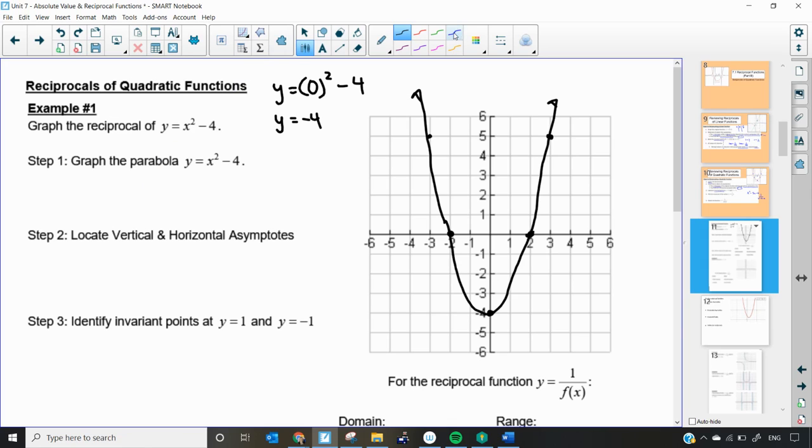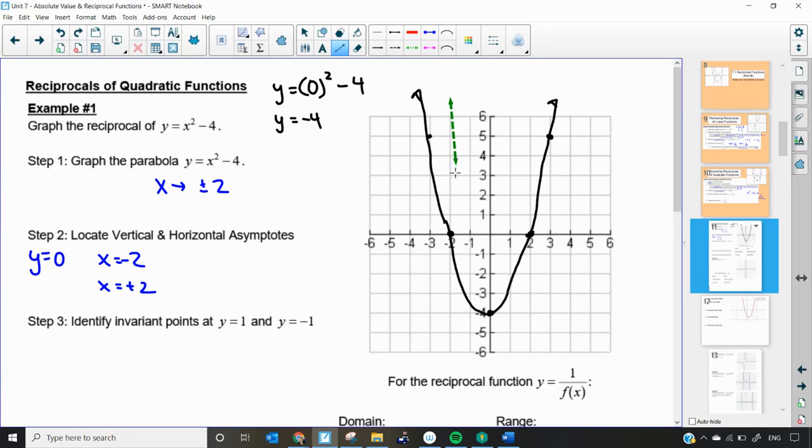Now, we have a horizontal asymptote at y equals 0. And then our vertical asymptotes are going to happen at our x-intercepts. Now, if you remember, we had x-intercepts at plus or minus 2. So that means we're going to have vertical asymptotes at x equals -2 and x equals +2. Now, using the line tool here, I'm going to sketch in those asymptotes.